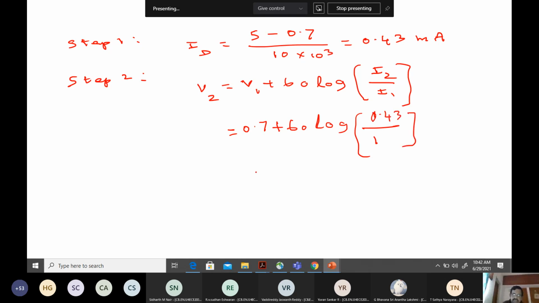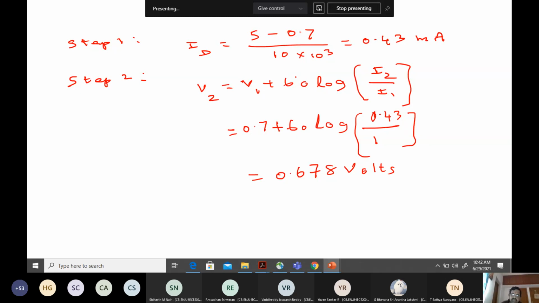Substitute here, you will get some answer. The answer for that will be 0.678 volt. You will get this answer because log of 0.43 will be negative. You multiply by 60, but remember this is in millivolt, so you have to divide by 1000.